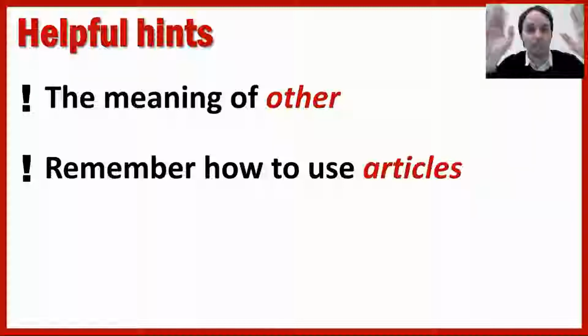So keep these two ideas in your mind: the two meanings of other and how we use articles. And hopefully you can use these two helpful hints to think about as you're trying to answer the question, and hopefully you'll get more of the answers correct.